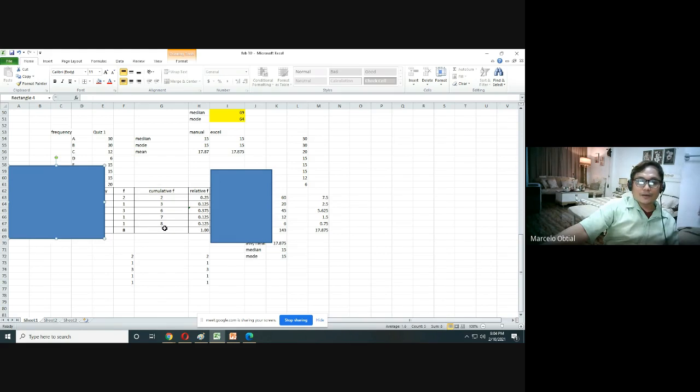Wag niyo nang ibalik sa cumulative frequency kasi binigay na sa inyo F eh. Kasi pag binalik niyo sa cumulative frequency, babalik pa rin kayo sa frequency na column. So again, multiplying the relative frequency by the total frequency will give us the frequency.